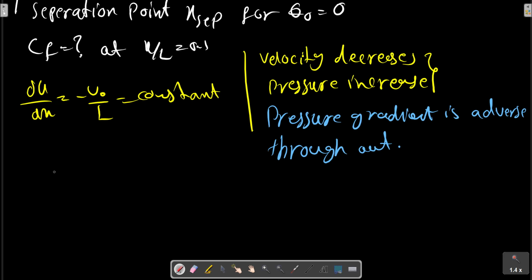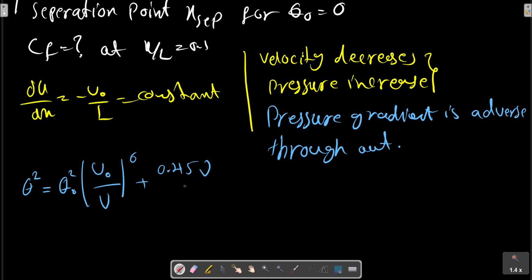So the integration form for calculating the momentum thickness is this relation: theta squared equals 0.45 nu on U to the 6 times the integration of U to the 5 dx.